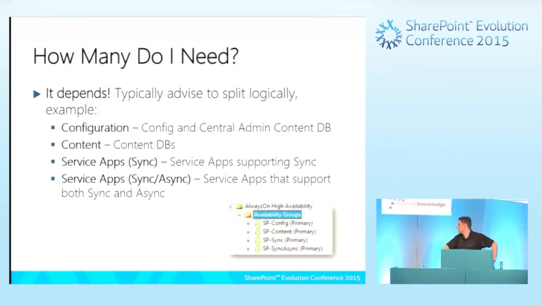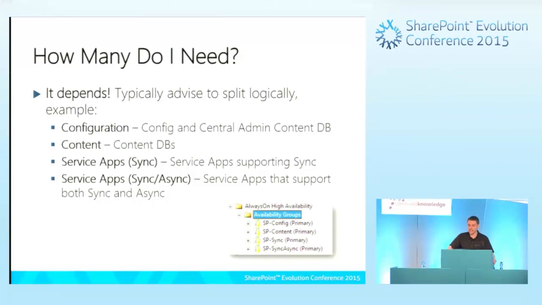I've got a configuration availability group, and that contains the config DB and also the central admin content database. I then have a separate one that's configured for content databases, and then I've split service applications between 2. So I have one for the service application databases for synchronous replicas, and one for sync and async. So there are some service applications that support the 2.